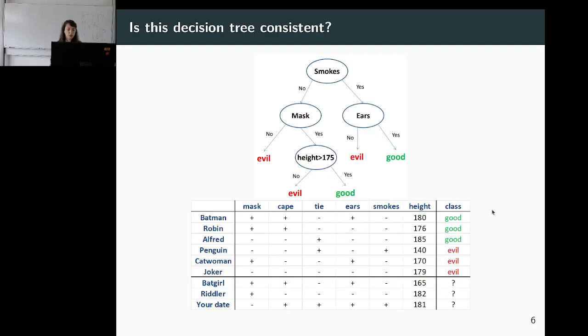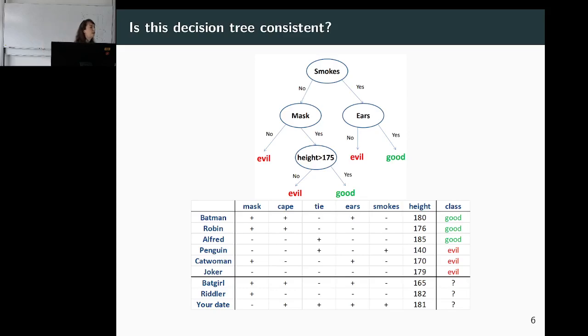Let's go to the example. Here is a decision tree for this data set. And the question is, is this tree consistent? That means, would it classify every example that we have correctly? Take a minute and check. Yeah?